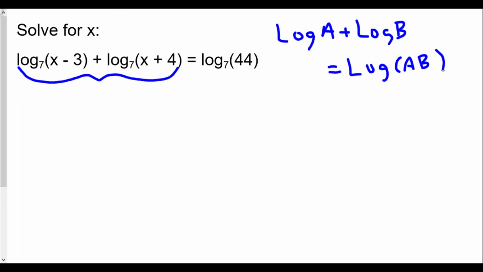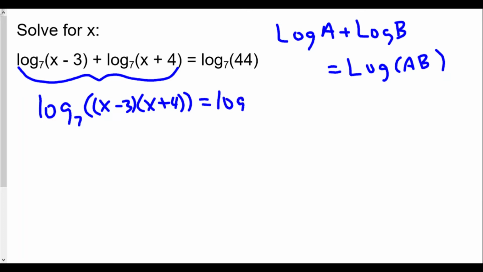Here we'll have log base 7 of x minus 3 times x plus 4, a single log, equal to log base 7 of 44.